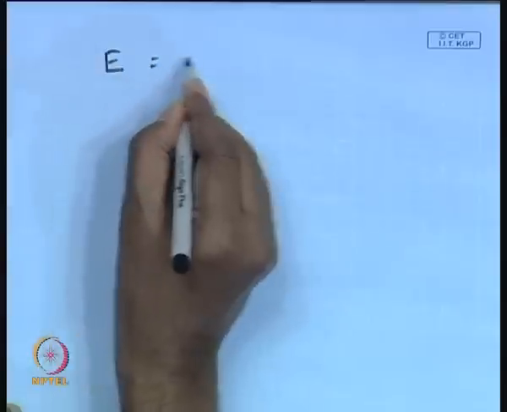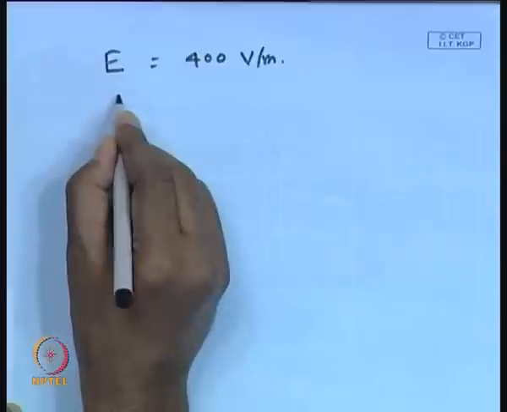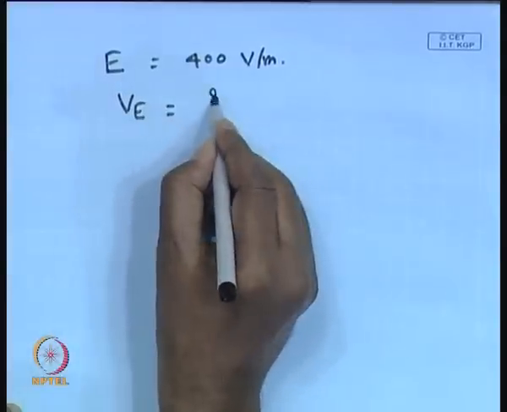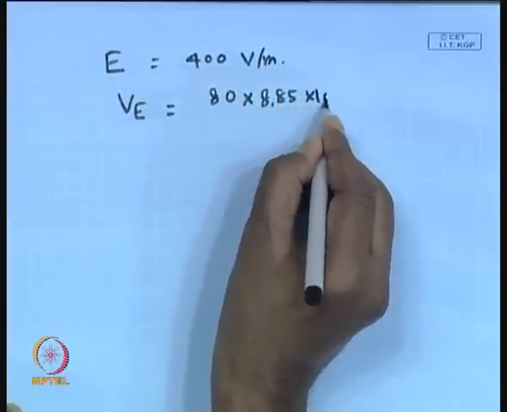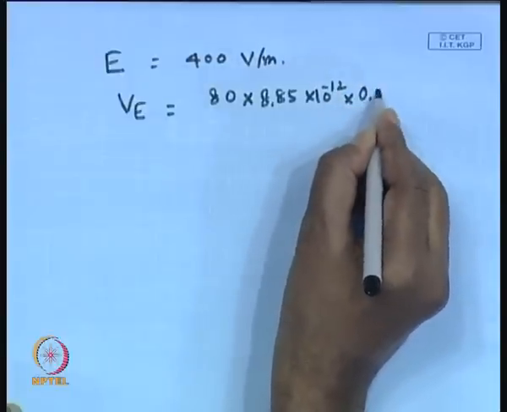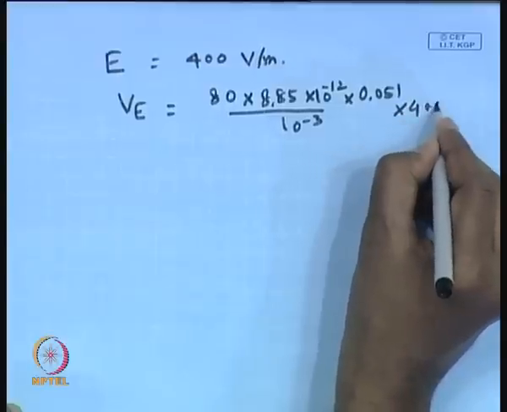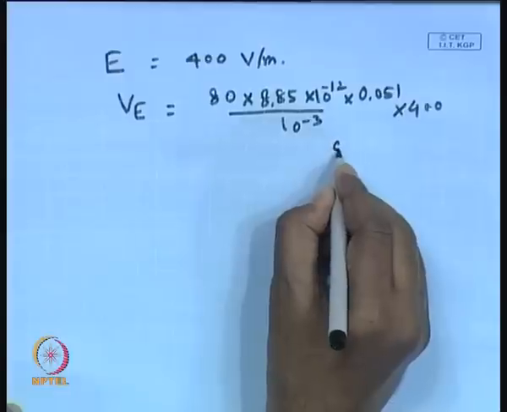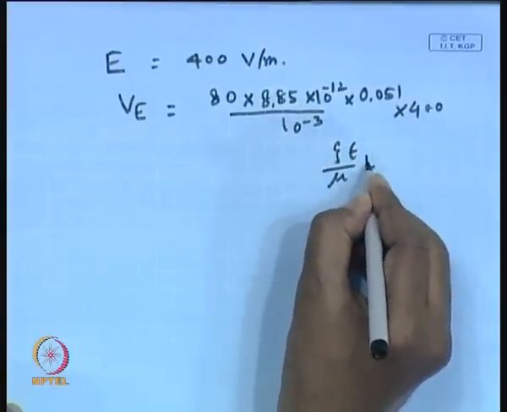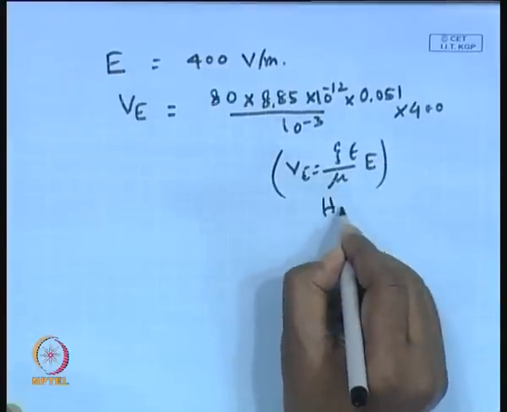So, the surface potential or the zeta potential of the protein is 51 millivolt. Okay. Now, for an electric field strength of 400 volt per meter, the electrophoretic velocity becomes, you use the Smoluchowski-Helmholtz equation, 80 into 8.85 into 10 to the minus 12 into 0.051 divided by 10 to the power minus 3, into field strength 400. So, this becomes zeta times epsilon by mu times E, that is the electrophoretic velocity, known as the Helmholtz-Smoluchowski equation.